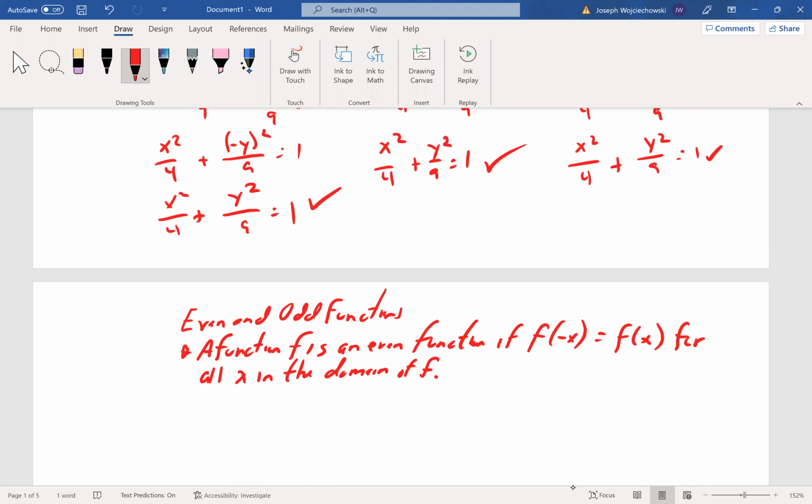Essentially, it's symmetric with respect to the y-axis. So essentially, if it is symmetric with respect to the y-axis, it is an even function.